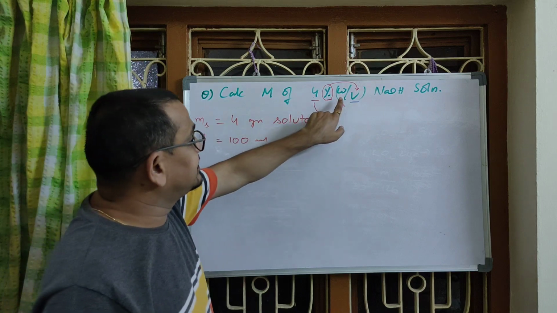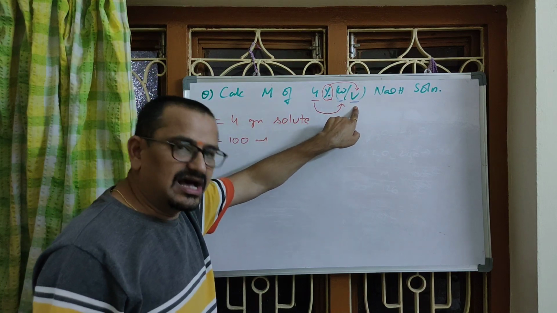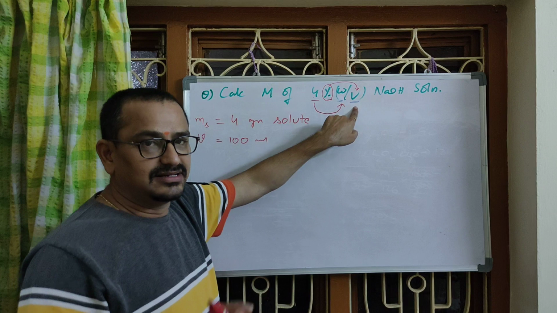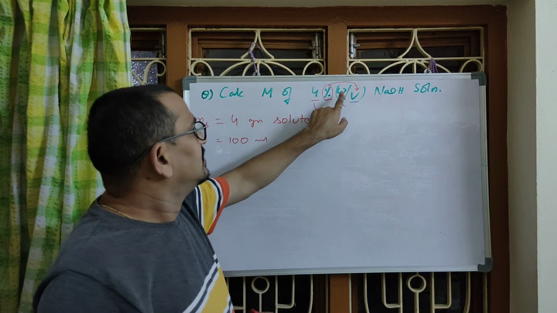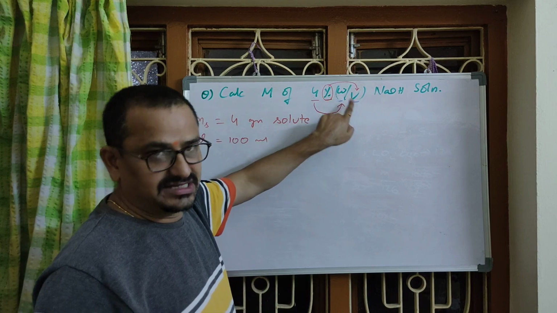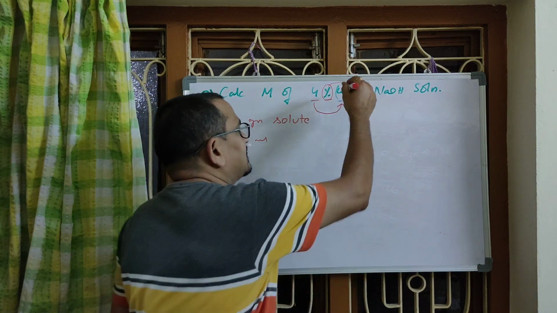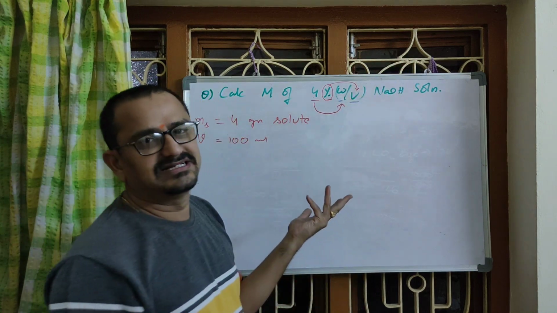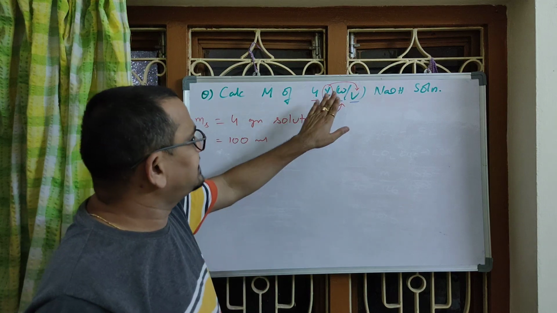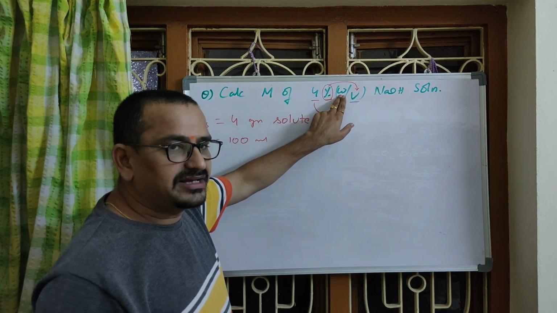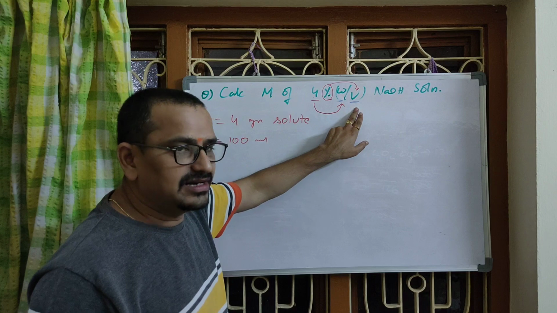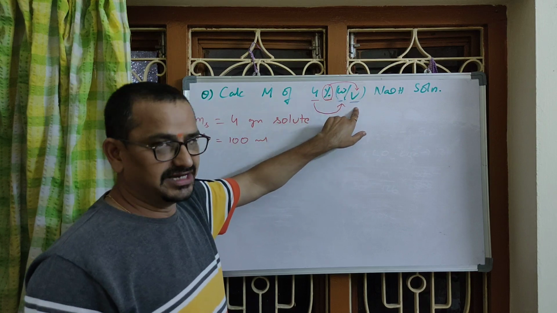If you are taking this in grams, you have to take this in milliliters, or kg and liters. Grams and milliliters, kg and liters. If they specify particularly that volume is expressed in liters, then that's a different way. Otherwise, this should be taken in grams, this in milliliters, or kg and liters.